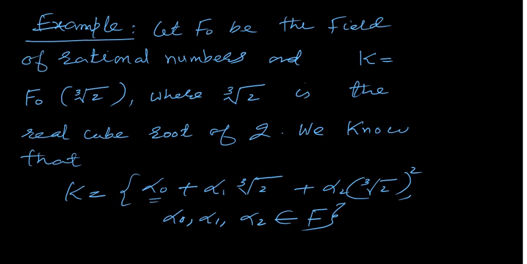First we'll try to find out the nature of the automorphisms of K. F naught is the set of rational numbers; every automorphism fixes it, but K is an extension of F naught. So any automorphism on K will be determined by its value on cube root of 2, and that is actually what we have to check, because we know that on F naught every automorphism is identity. So F naught is fixed by everyone.